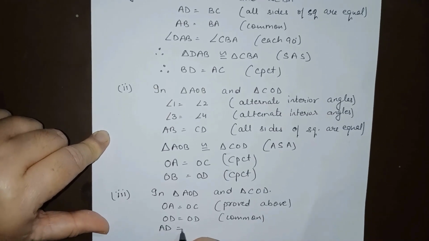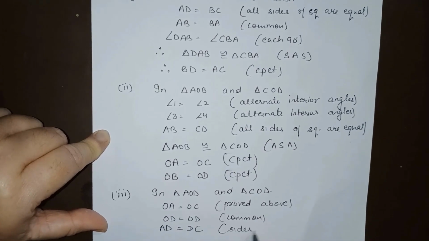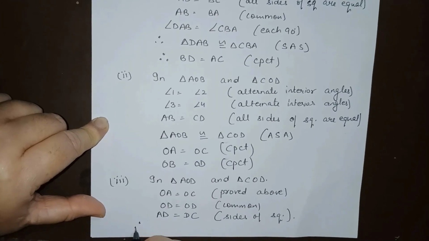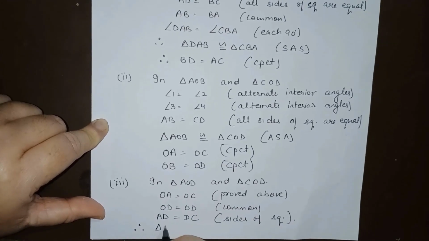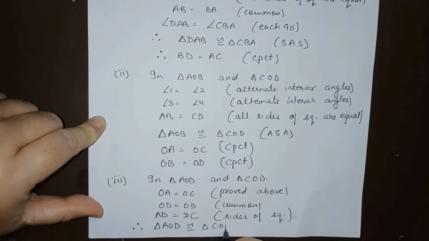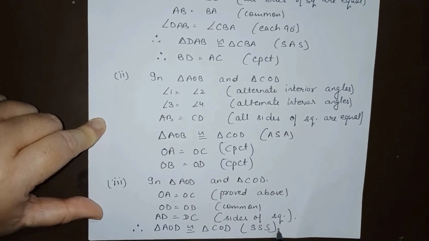AD is equal to DC, sides of a square are equal. So these are the sides of the square. So we can write triangle AOD is congruent to triangle COD by SSS.